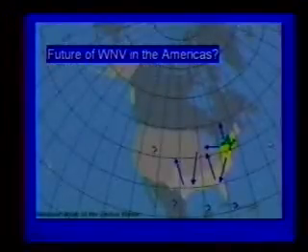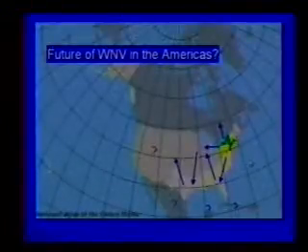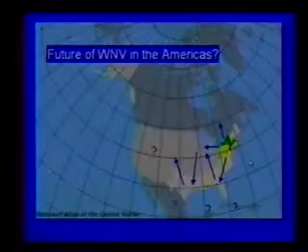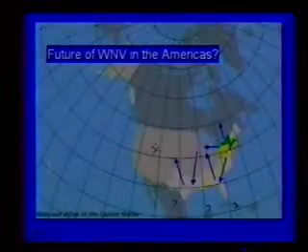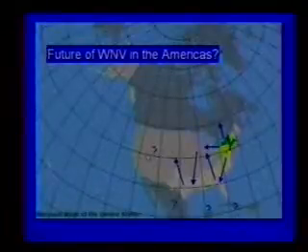Where is West Nile virus going to move in the future? Well, the truth of the matter is that it's predicted that this year it may well, in fact, be over here. Some would say that it might even get to the west coast.